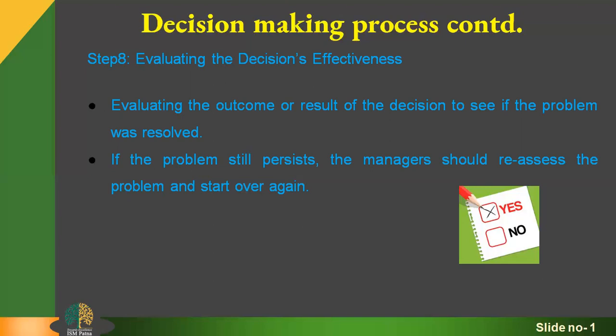Okay. So first of all, evaluate the outcome or result of the decision to see if the problem was resolved. Whatever problem was existing, whether it is resolved or not, will be evaluated.